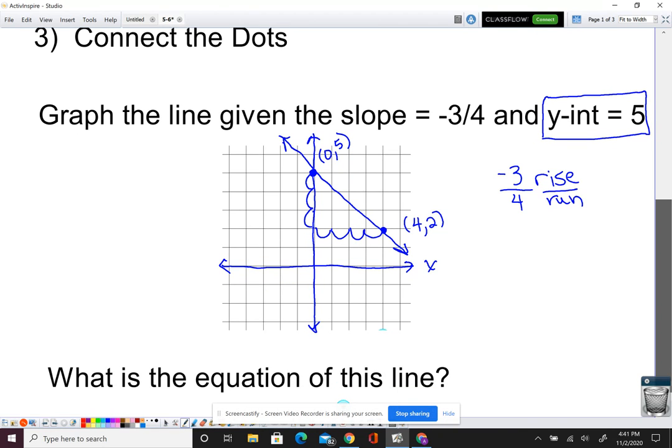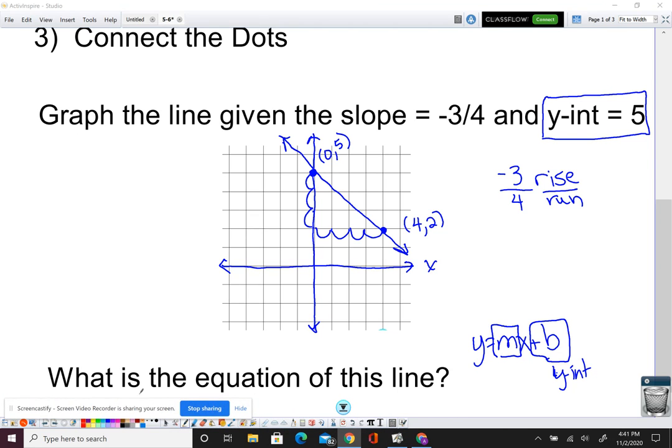Now we could go on and ask, what's the equation of this line? Because we're talking about slope-intercept, it takes on this form, y equals mx plus b, where b always represents the y-intercept and m is always the slope.